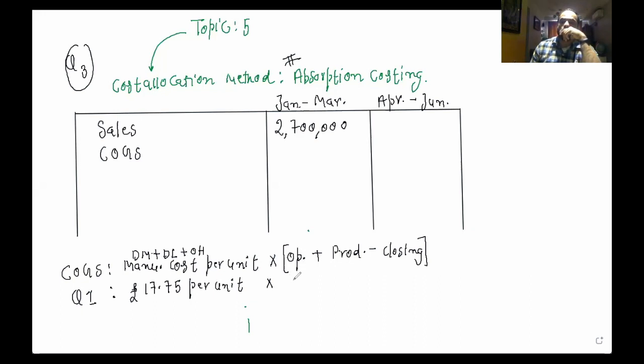Opening, how much? 0. Yes, 0. Plus production. How many did we produce? 70,000. Yes, 70,000. And how much is closing? 10,000. Yes, 10,000 is closing. So this number is 60, right? 60 multiplied by 17.75. So how much is cost of goods sold?